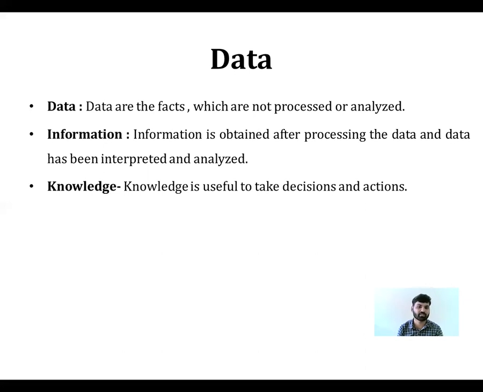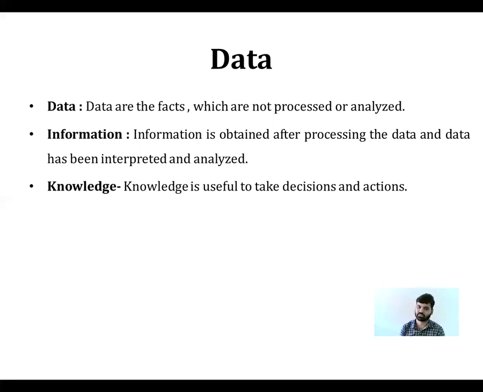We collect our information from the data to get knowledge. Knowledge is useful to take decisions and actions. We extract meaningful information from the data, that is called knowledge. These are the concepts related to data, information and knowledge.